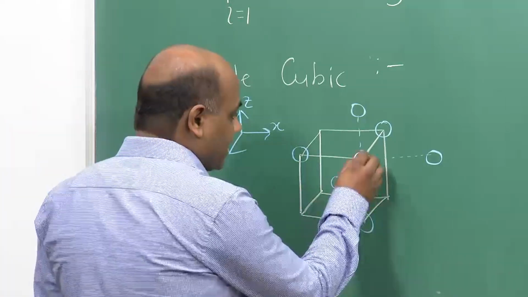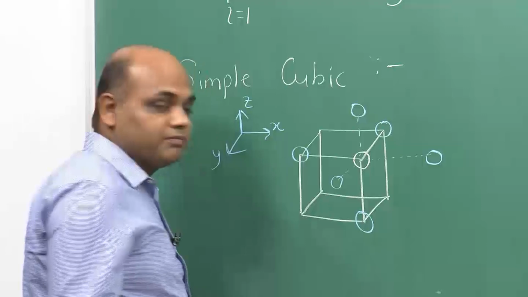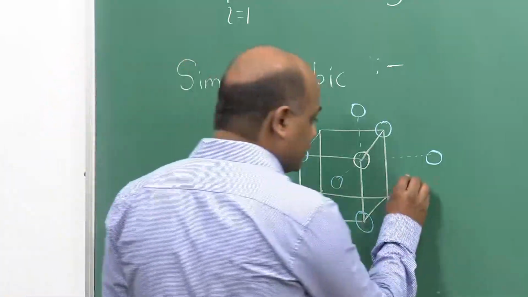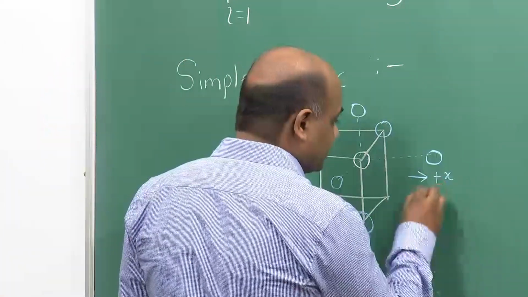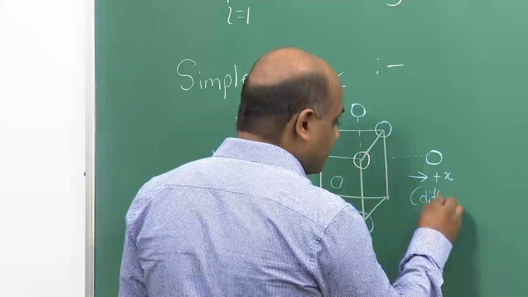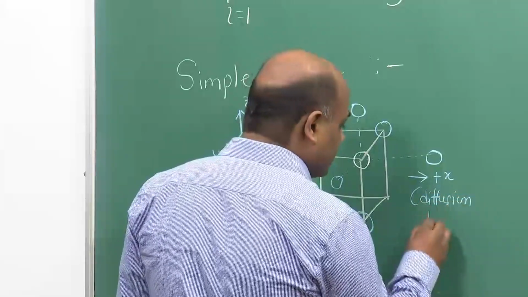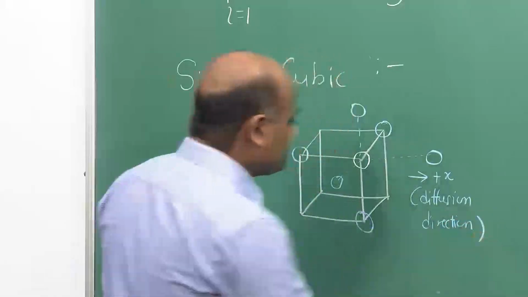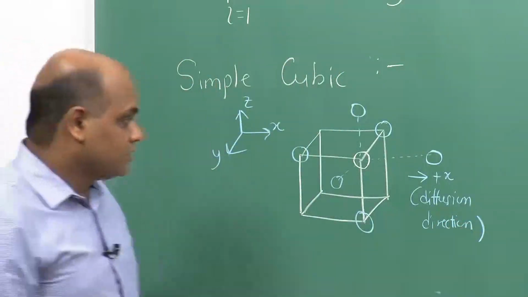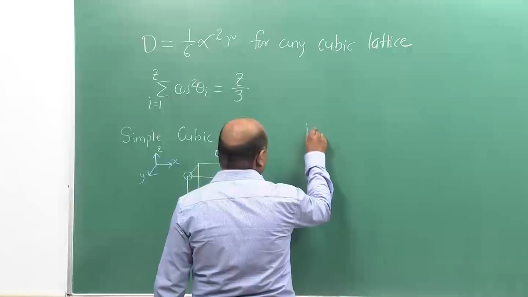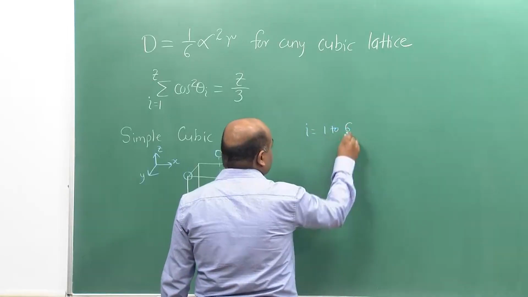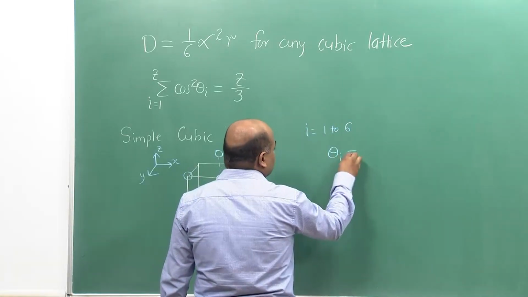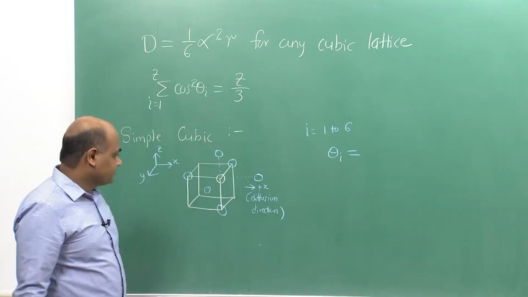If this particular atom has to jump, and if the x direction is our diffusion direction, then I goes from 1 to 6. So, what are the different angles theta I?